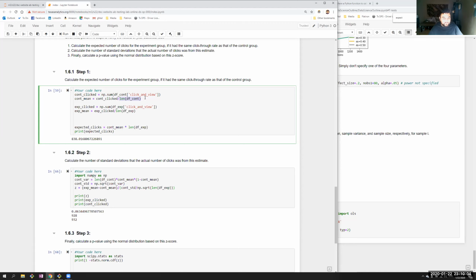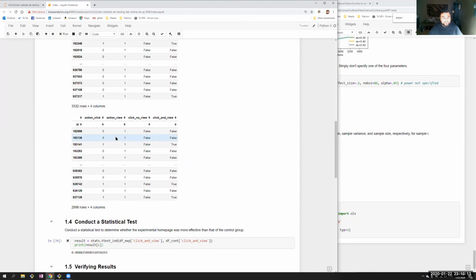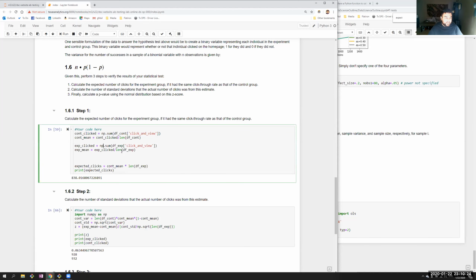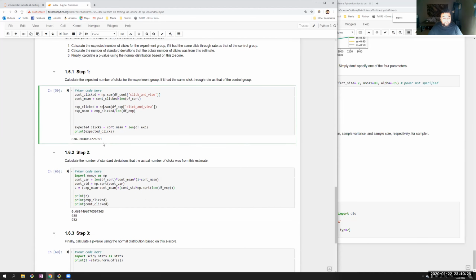We do the same thing for the experiment: we take the sum of the times the experimental data frame column was true, meaning the individuals who viewed and also clicked, and divide that by the length of the experimental column.